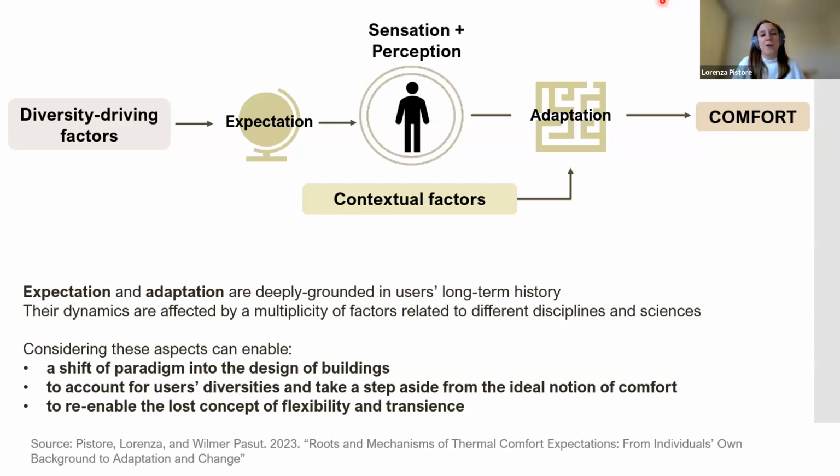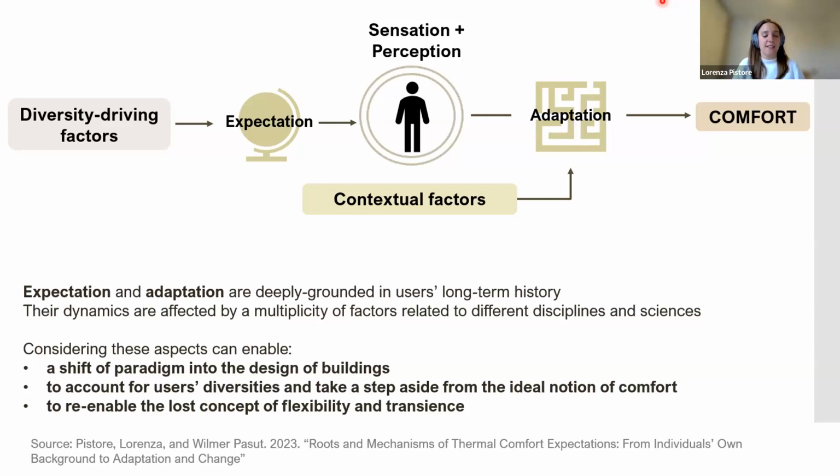Of course, these two people are affected by their long-term climatic history, in sensing and in their perception of the building, but also by their cultural history.